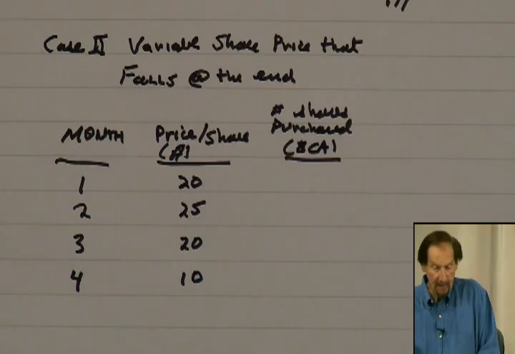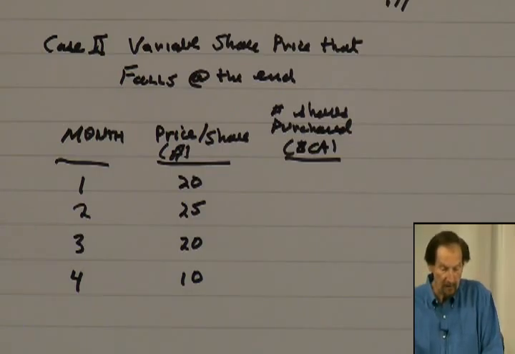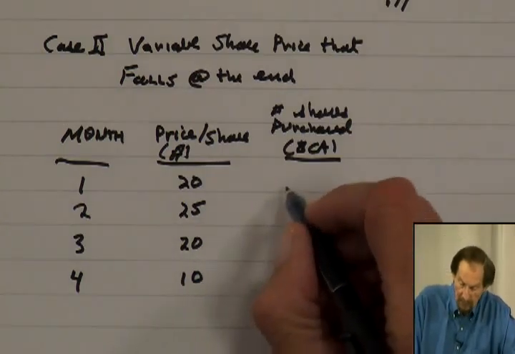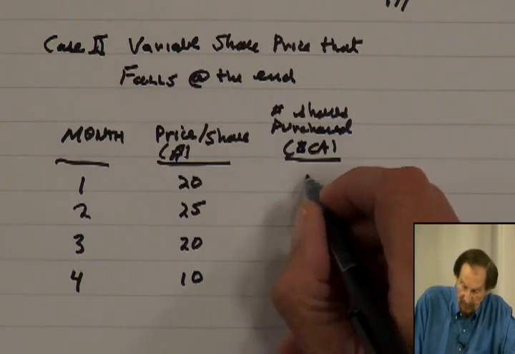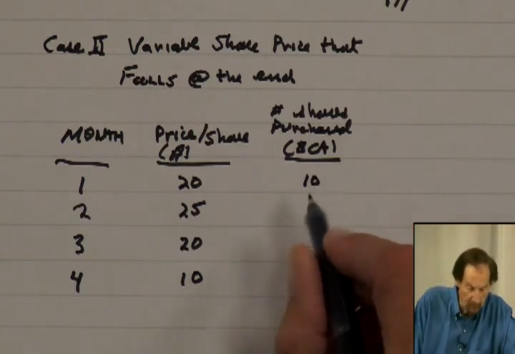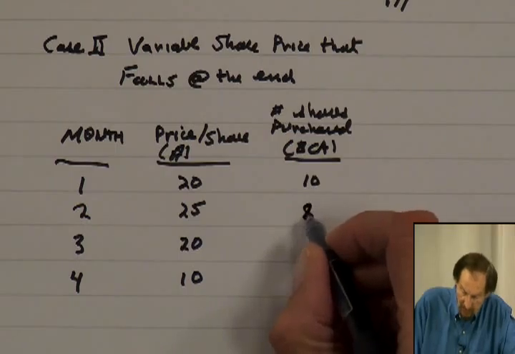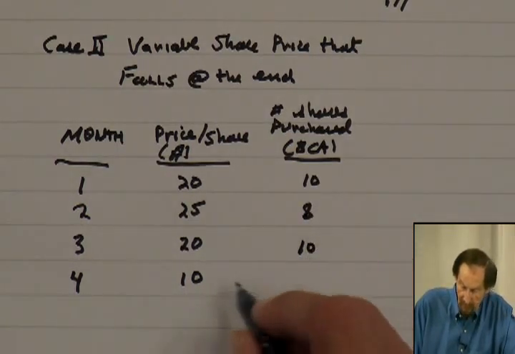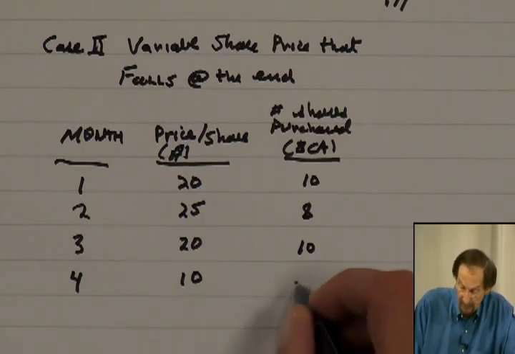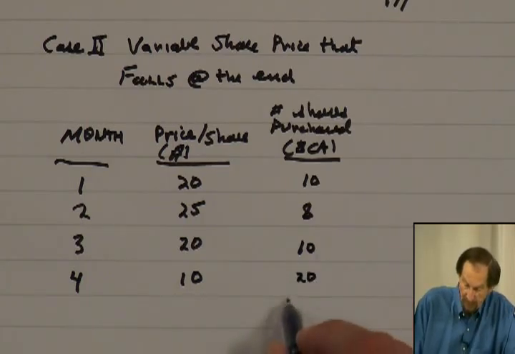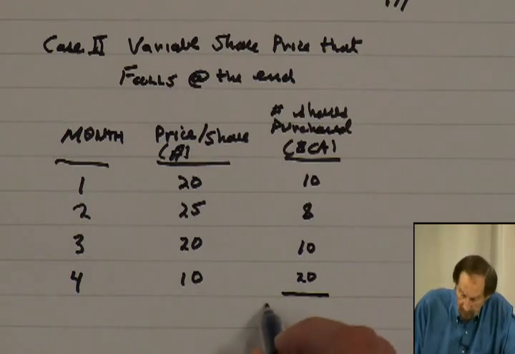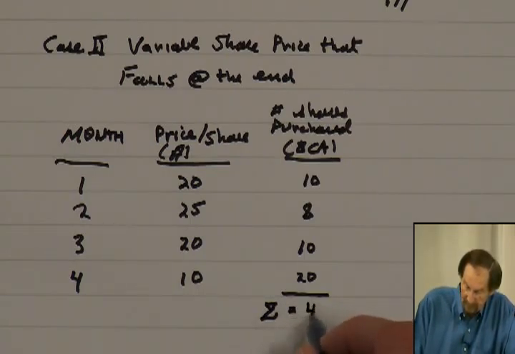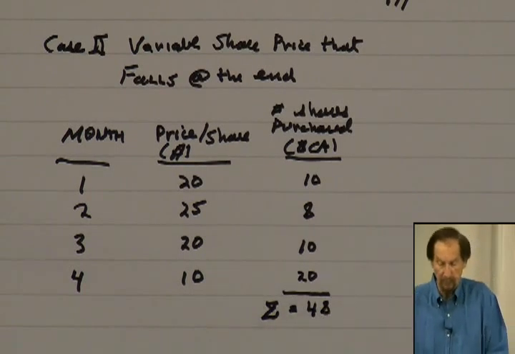Okay. So now, in dollar cost averaging, we have a $200 budget a month. So when it's $20, we can buy 10 shares. When it's $25, we can buy 8 shares. Again, $20, we buy 10 shares. And now when it drops to 10, we can buy 20 shares. So the total number of shares that we buy equals 48. Here. Okay.